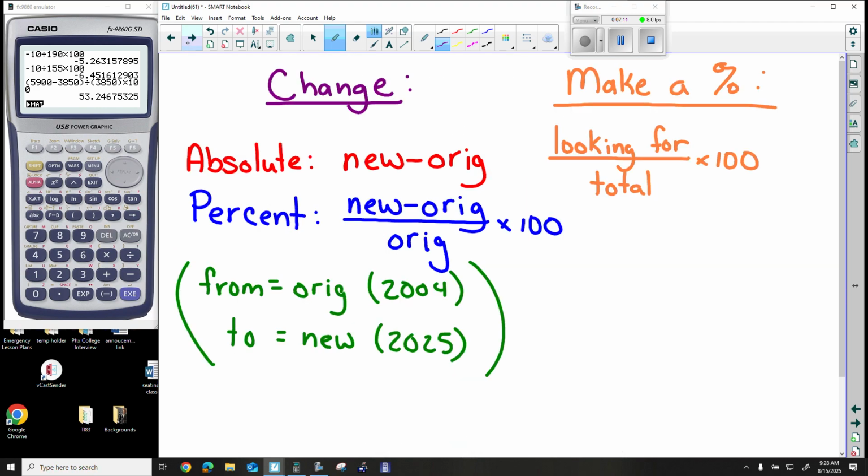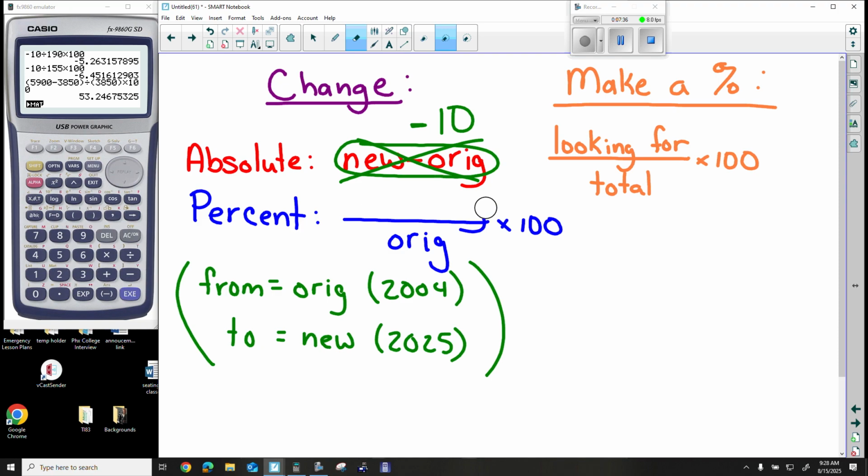All right, so in this situation, the absolute change is they lost 10 pounds. So they don't straight up give you a new or an original. They just kind of give you the answer to the absolute change. Okay? But the ultimate question is, well, what is the percent change?